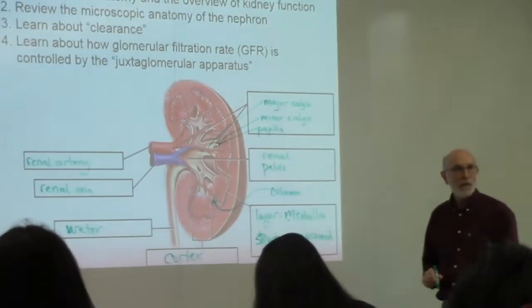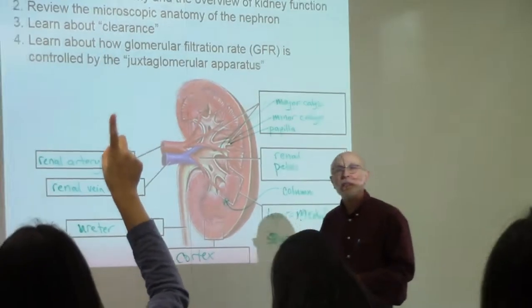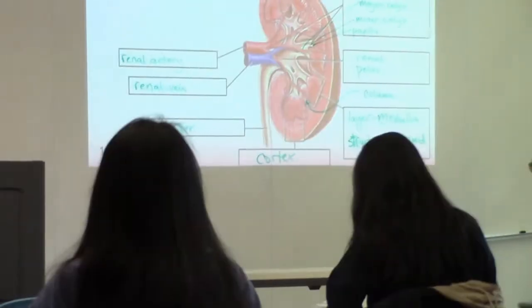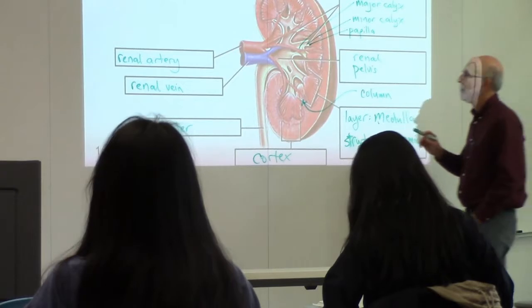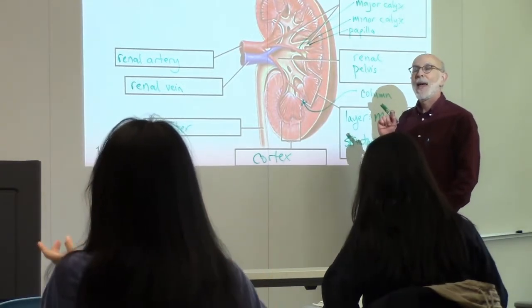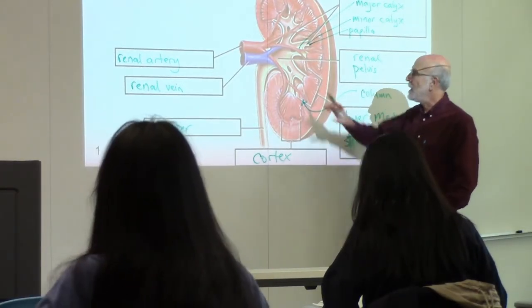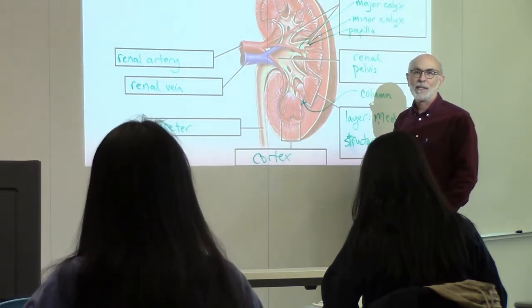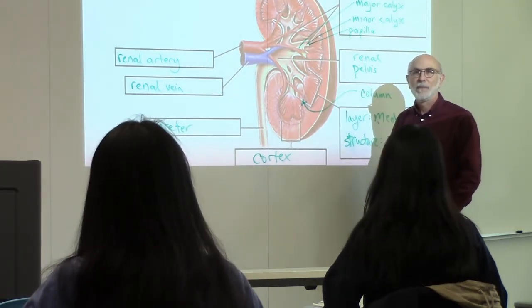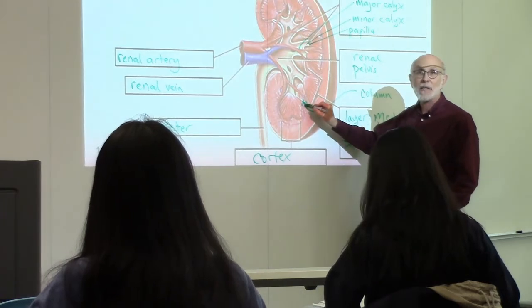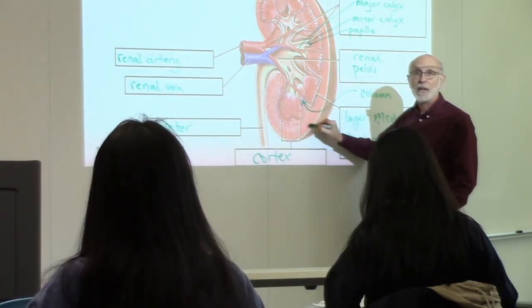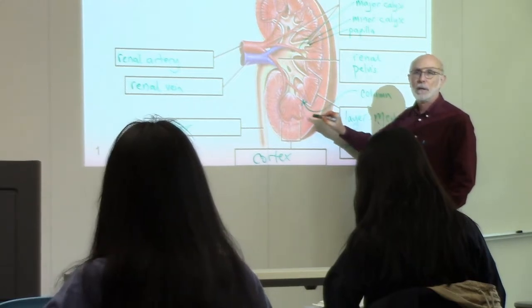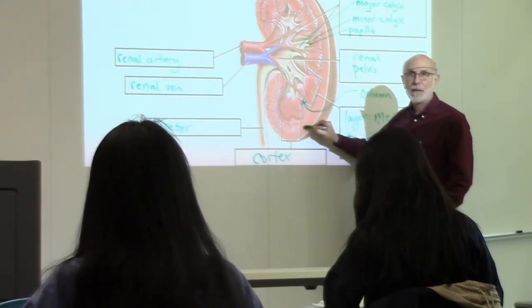Okay, questions? Yes. So I think previously you said that the columns are a part of the medulla, but still, it's just an extension of the cortex. Anatomically, it's part of the medulla. Physiologically, it behaves like part of the cortex. You'll see. It has glomeruli in it, just like the cortex does. It has short cortical nephrons, like the cortex.